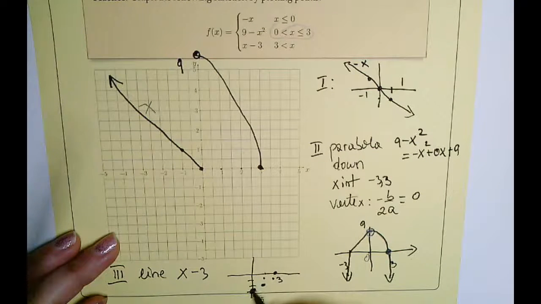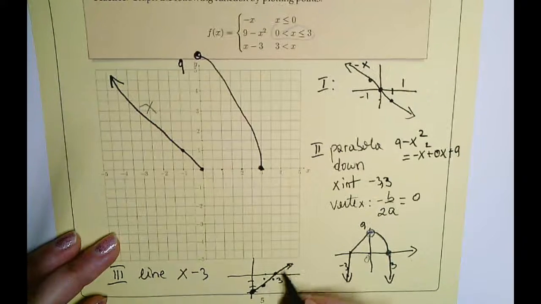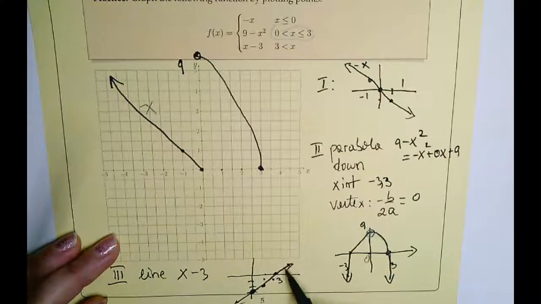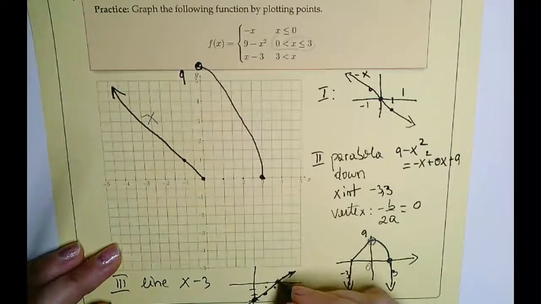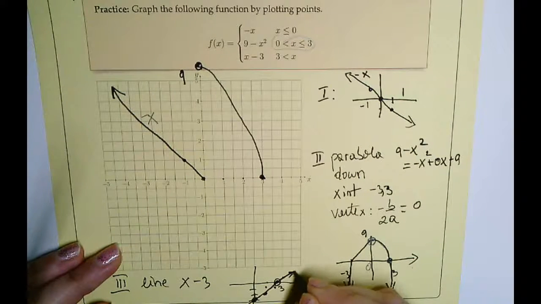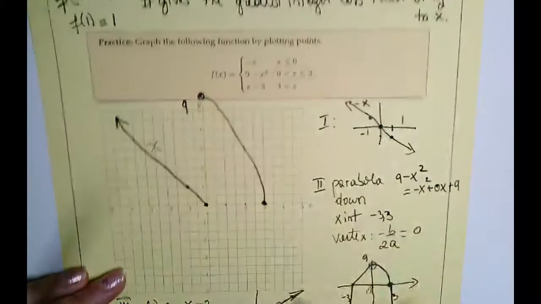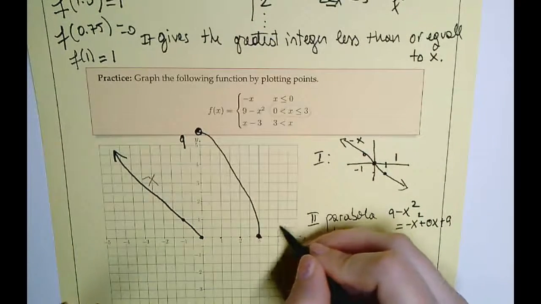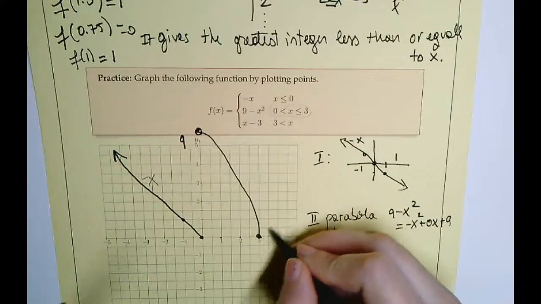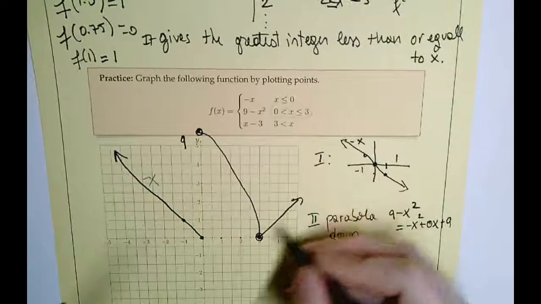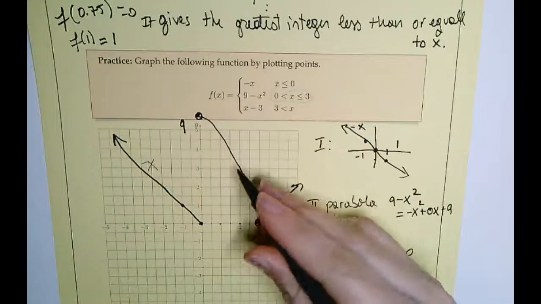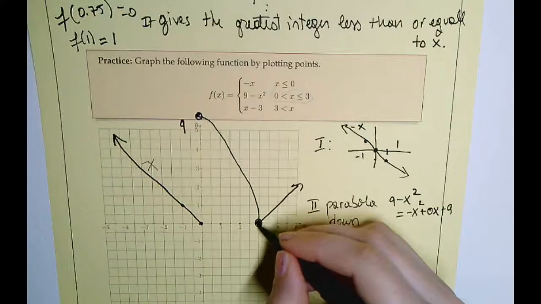Sorry. So it will be like this. But I'm only interested in the portion after 3 and not including 3. So basically I have an open circle and the arrow going all the way up at 3. But the circle is filled by this parabola portion. So that's why I'll have it full in here.